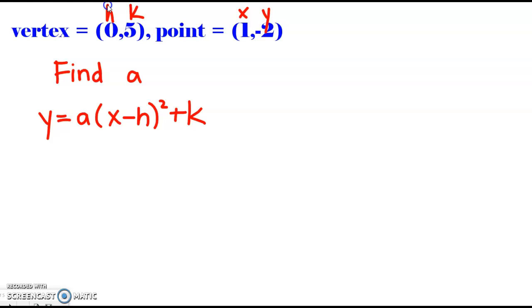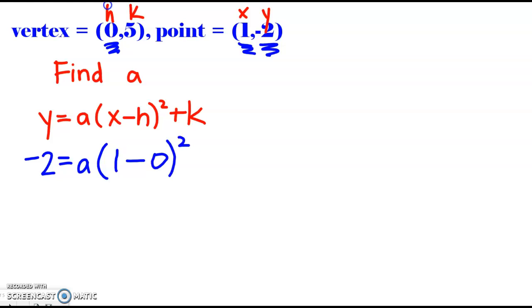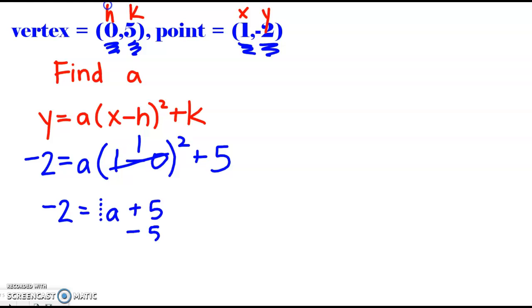So we're substituting in, right? y is -2 equals a, parentheses, x is 1 minus h is 0, closes, squared, plus k is 5. Order of operations, 1 minus 0 is 1, 1 squared is 1, so we're at -2 equals 1a plus 5. To get rid of the plus 5, we subtract 5, and by coincidence, a is again -7.